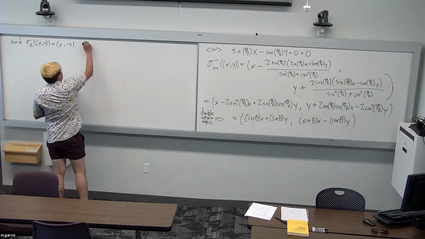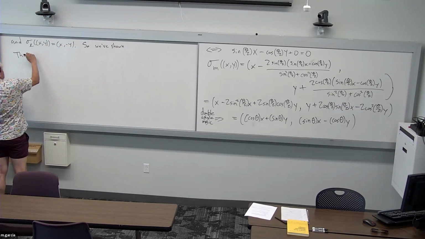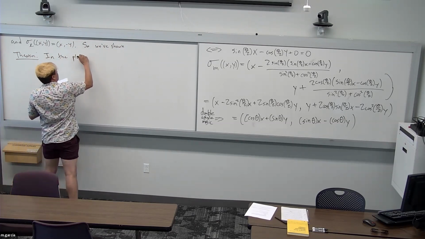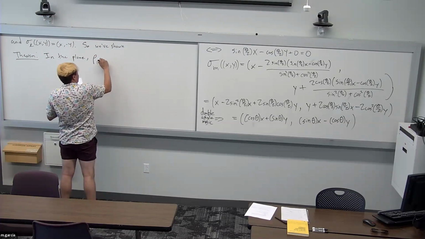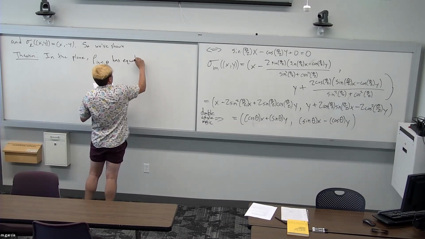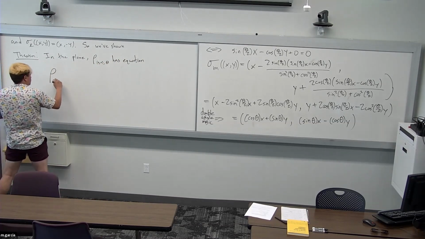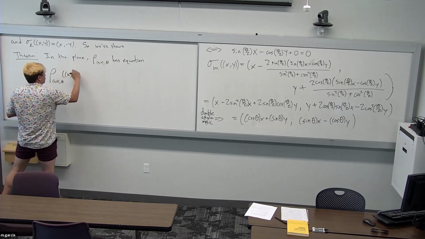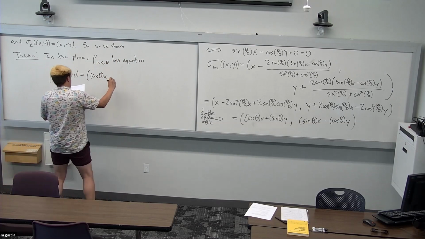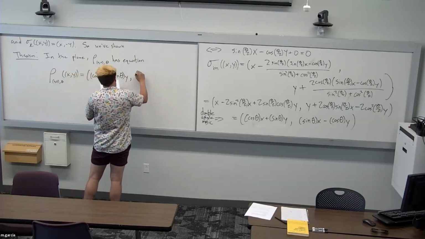So, we've shown that in the plane, rho sub 0, comma 0, comma theta has equation cosine theta x minus sine theta y, comma, sine theta x plus cosine theta y.